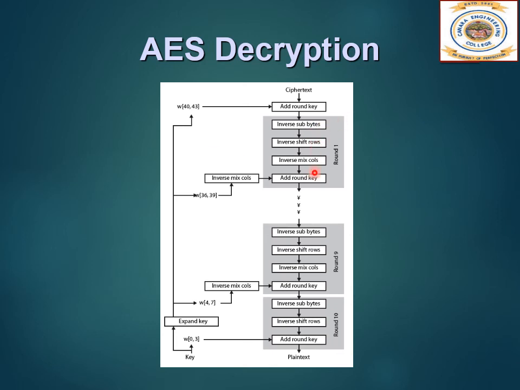Next is interchanging add round key and inverse mix columns. The transformations add round key and inverse mix column do not alter the sequence of the bytes in state. If we view the key as a sequence of words, then both add round key and inverse mix column operate on state one column at a time.